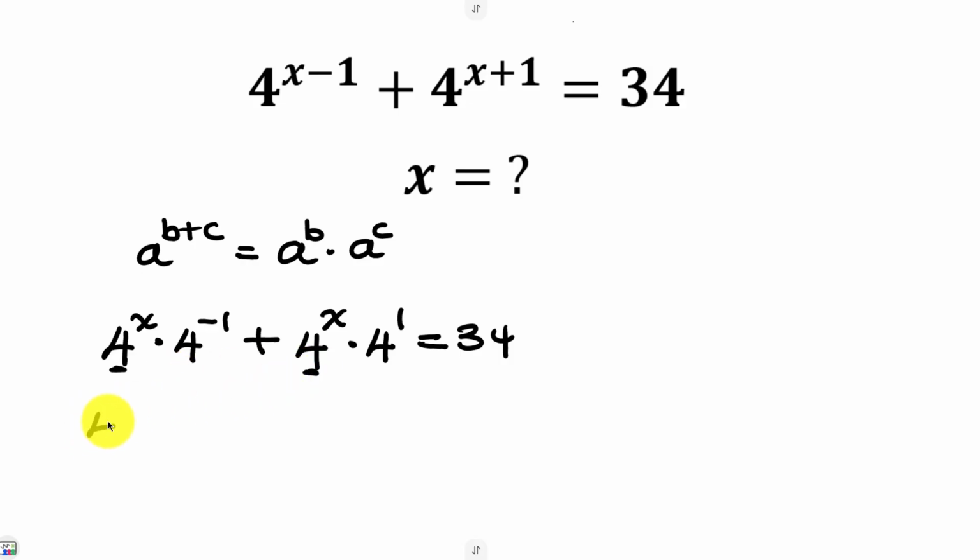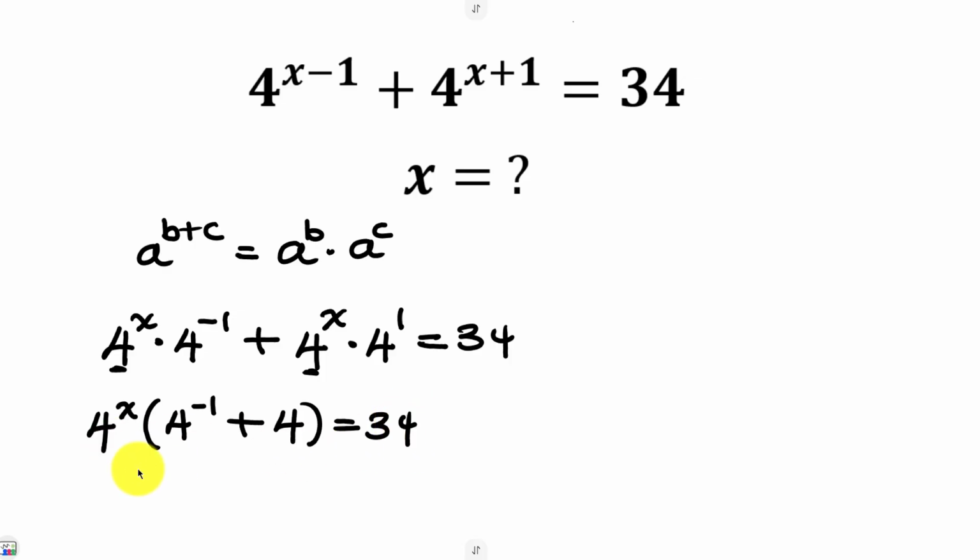So we can factor out 4 to the power of x. Then open bracket. Since I have factored out this, 4 to the power of negative 1 will be remaining. So 4 to the power of negative 1, plus, since I have factored out this, 4 to the power of 1 will be remaining. And we know that 4 to the power of 1 is 4. Very good. And this is equal to 34.